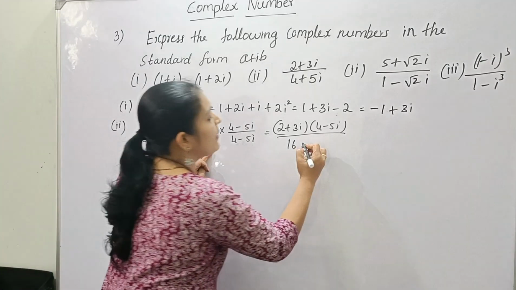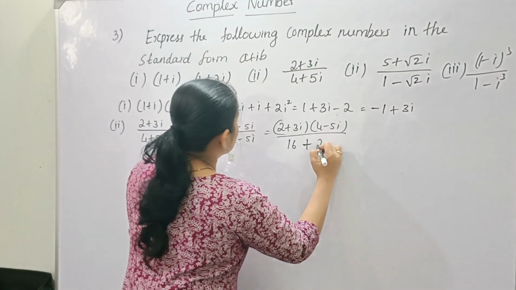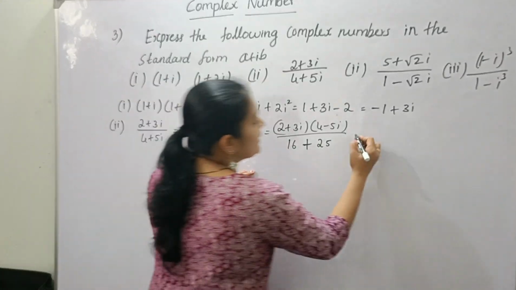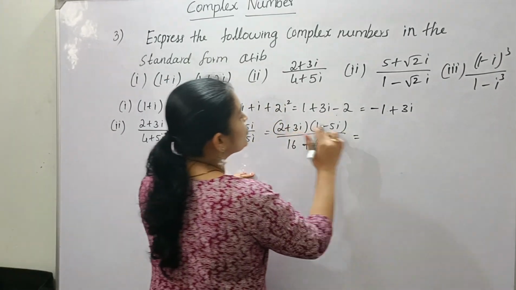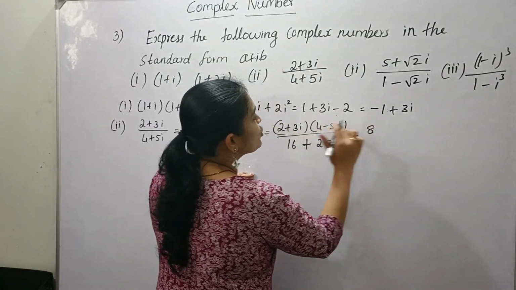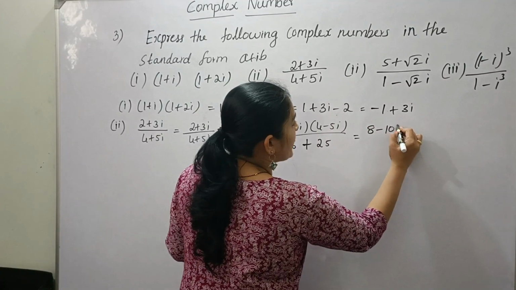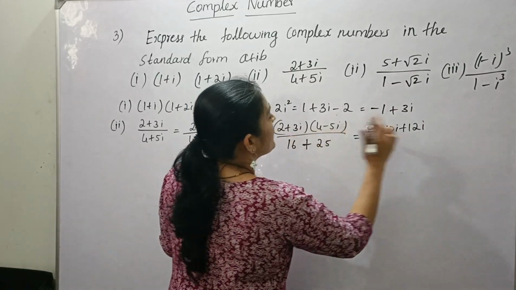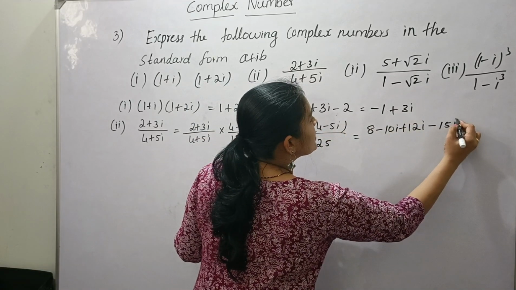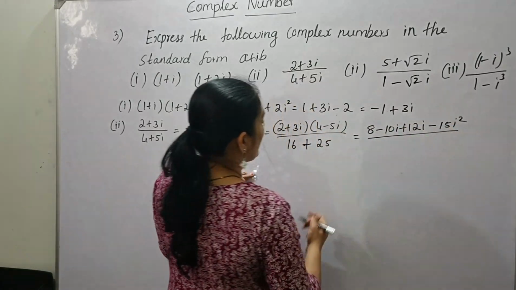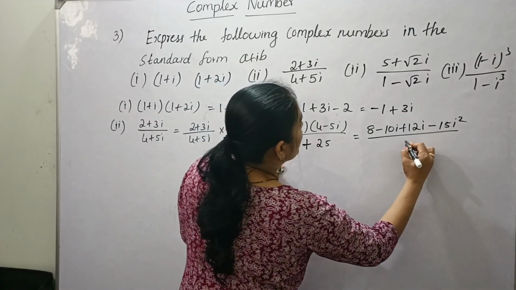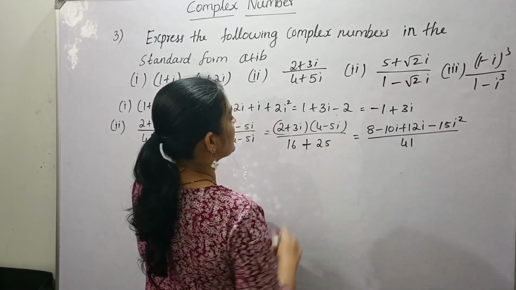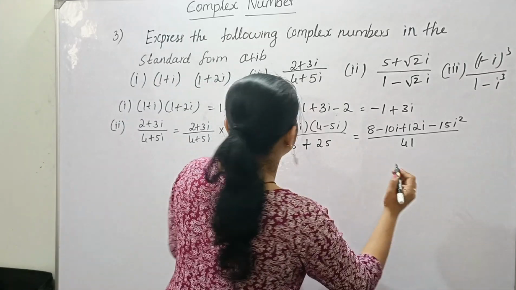So minus minus will become plus 25. That is equal to, now expand this, 2 into 4, 8, 2 into minus 5i, minus 10i, plus 12i, minus 15i square, divided by here 41. 16 plus 25 is 41.